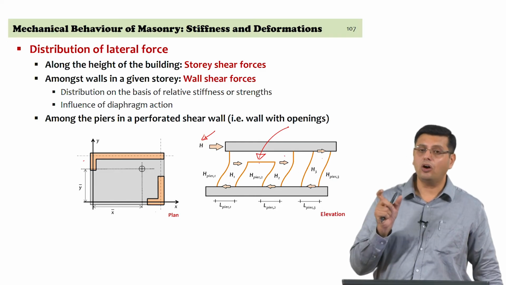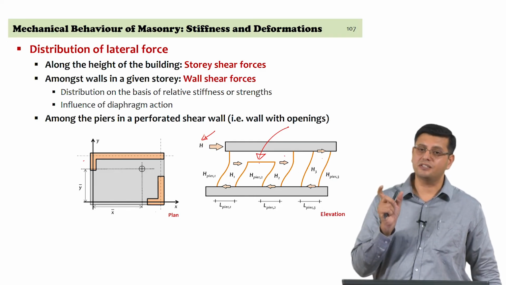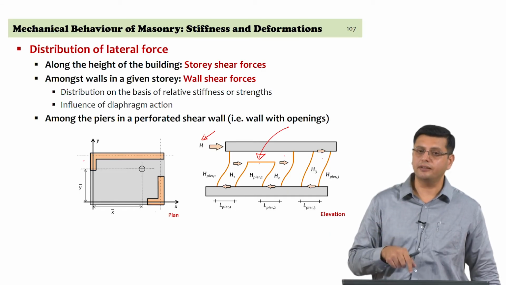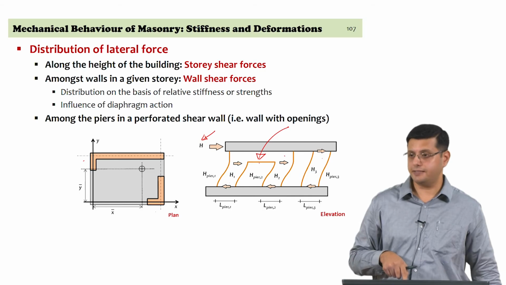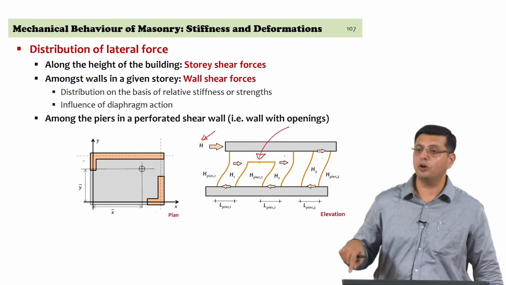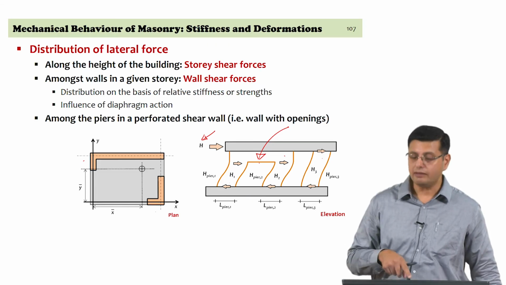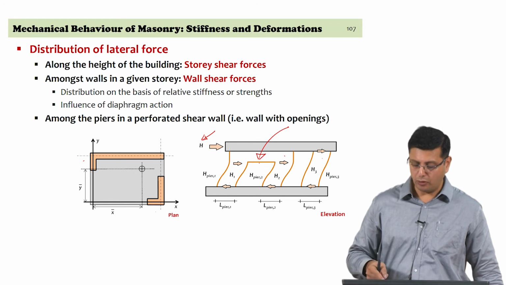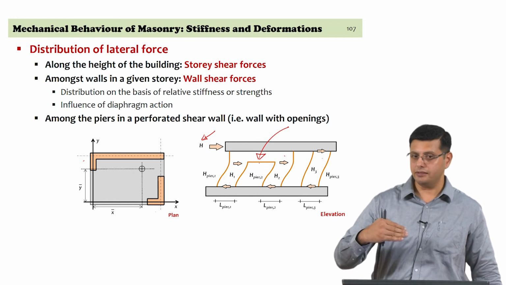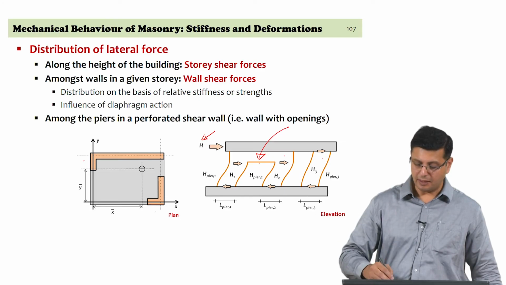Now, depending on the strength of the spandrel in relation to the strength of the pier itself, the distribution of shear forces in the wall can be affected. At the boundary between the piers and the spandrels, you have something comparable to a beam column joint.